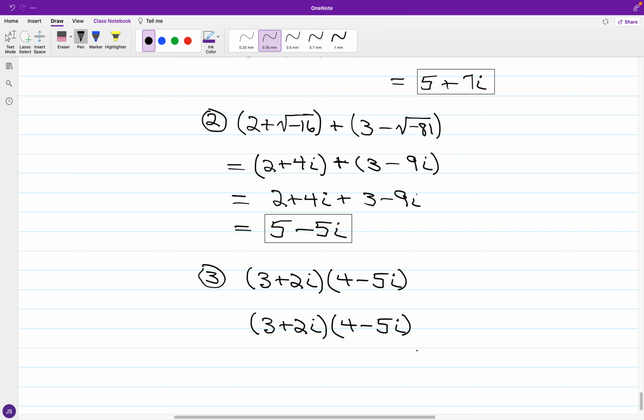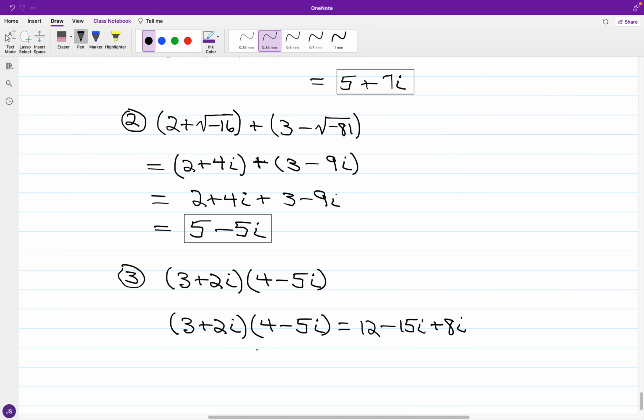If I take the FOIL approach, 3 times 4 is 12. The outside product, 3 times negative 5i, is negative 15i. The inside product, 2i times 4, is 8i. Now for the last product, this is the one you have to be careful with. You got negative 10i squared.